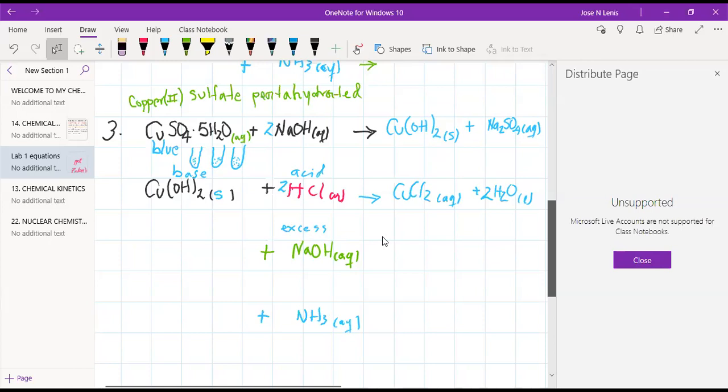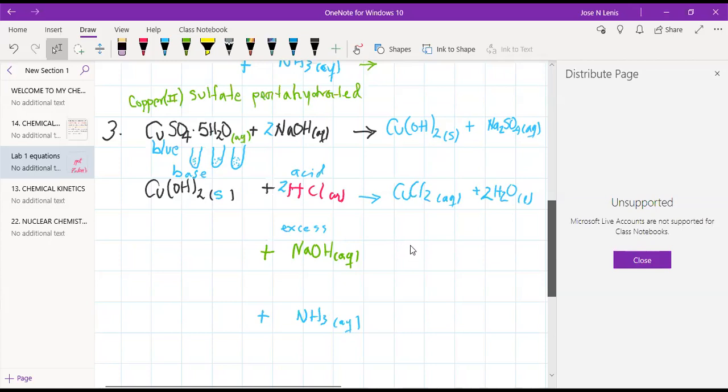The precipitate does not dissolve. Nothing happened. However, if you watch the video again, notice that there was very little color change. The precipitate didn't disappear at all, maybe a little bit.